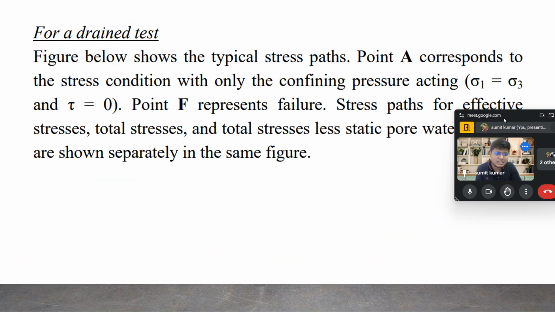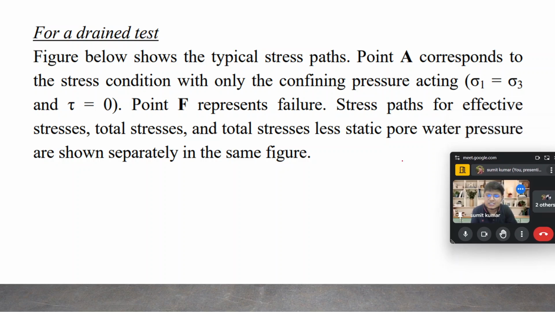Now you see another case for the drained test. In the figure in the subsequent slides, we see a typical stress path in which point A corresponds to the stress condition with only confining pressure acting. So only confining pressure is acting, and the values of sigma 1 and sigma 3 are equal because there will be no deviator stress.